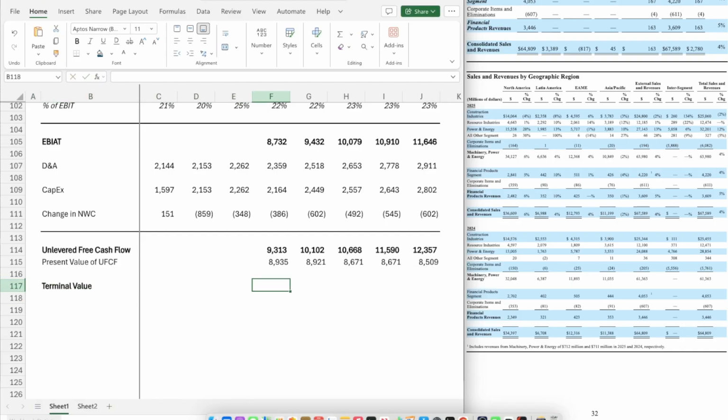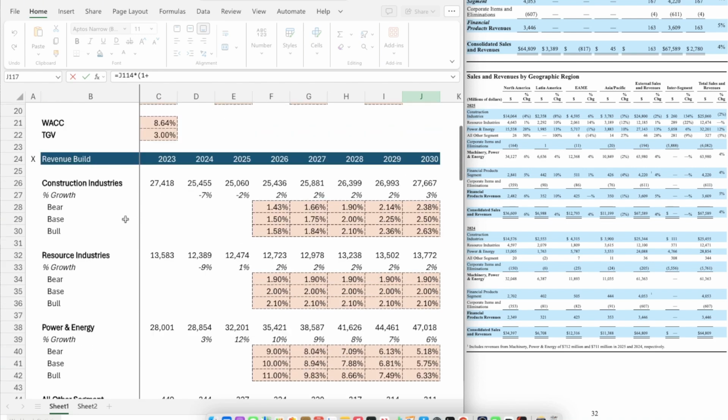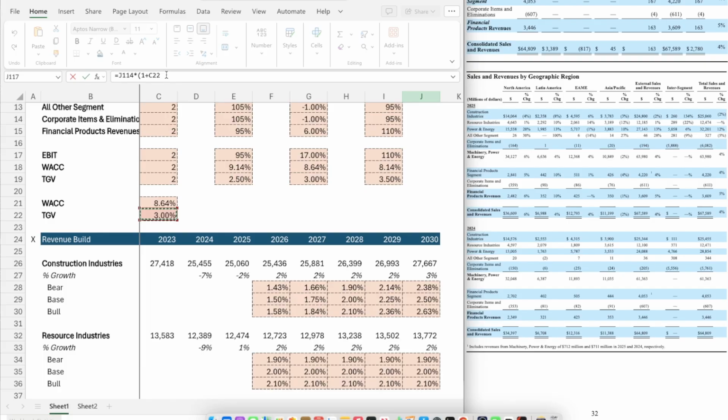Now the terminal value is you take your final year of unlevered free cash flow, multiply it by 1 plus your growth rate, or terminal growth value, divided by your WACC take away your terminal growth value.